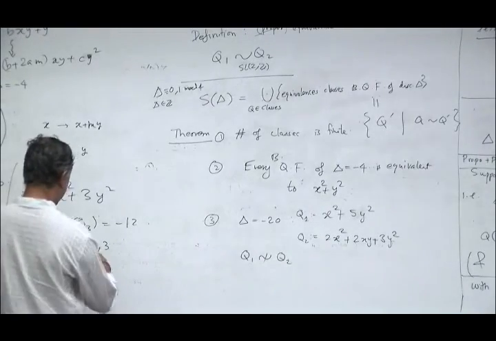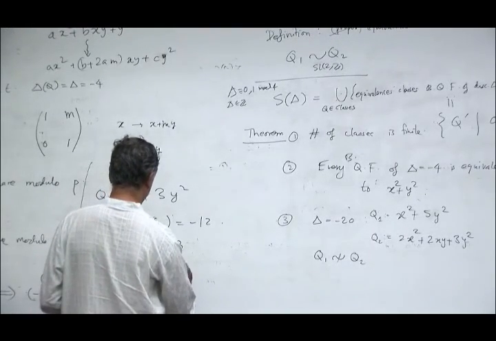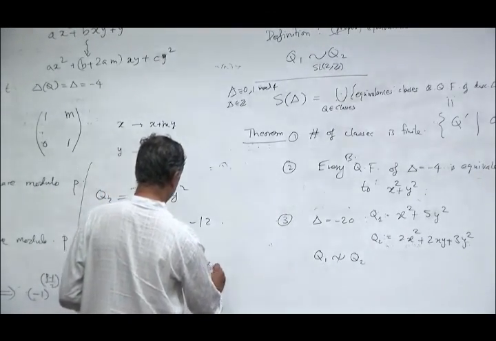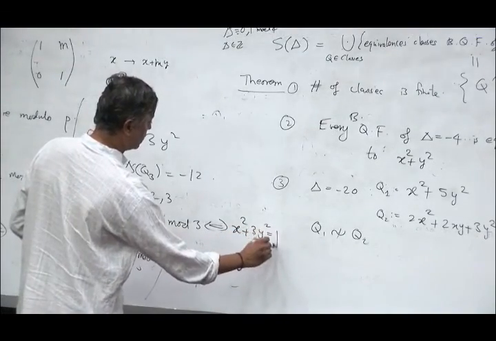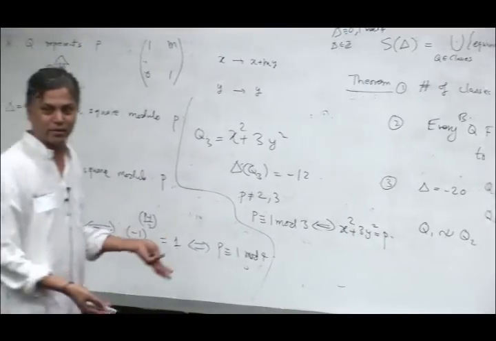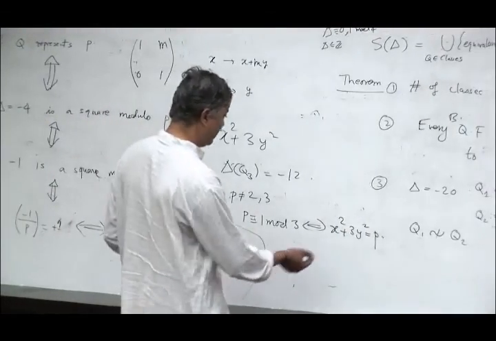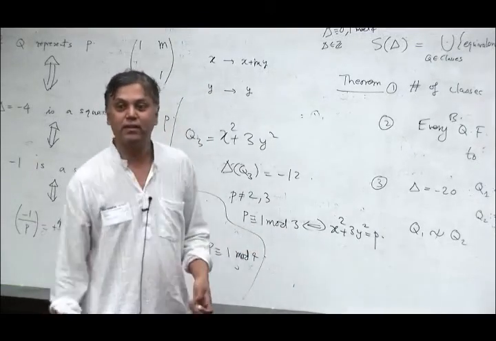So when I avoid these two, the condition comes out to be: p congruent to 1 mod 3 if and only if x squared plus 3y squared equals p can be solved. Now I didn't check this, so let's just check it. I hope it's correct. So let's take p equal to 3, 1 mod 3 means... also p has to be a prime.